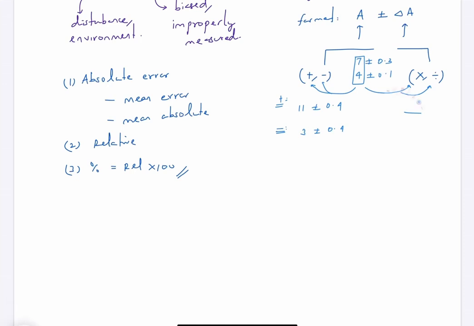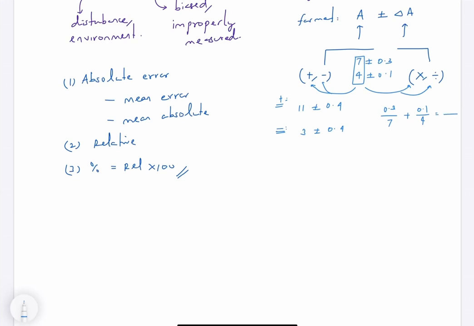The format is: 0.3 over 7, the best person, you add them, 0.1, the error, over 4, the absolute one, then equal to.